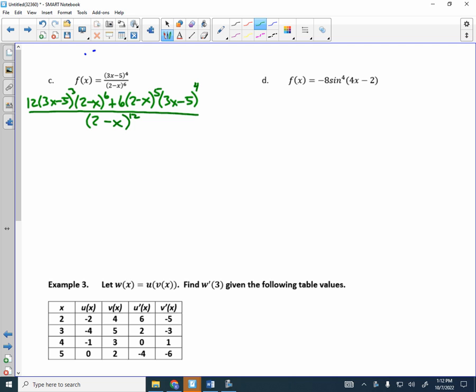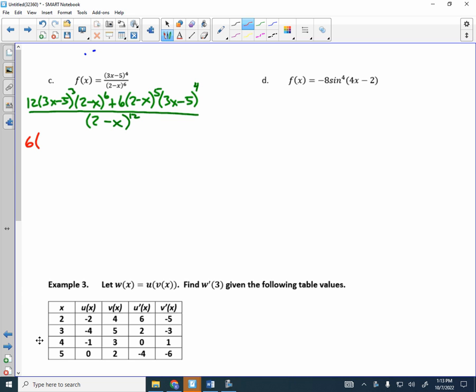Good. Does everybody see that there's definitely a common factor that can be taken out of the top? 6. Good. There's a large common factor. I'm going to write it in red because this is where it gets confusing. You take a deep breath and work your way through. The common factor among 12 and 6 is 6.